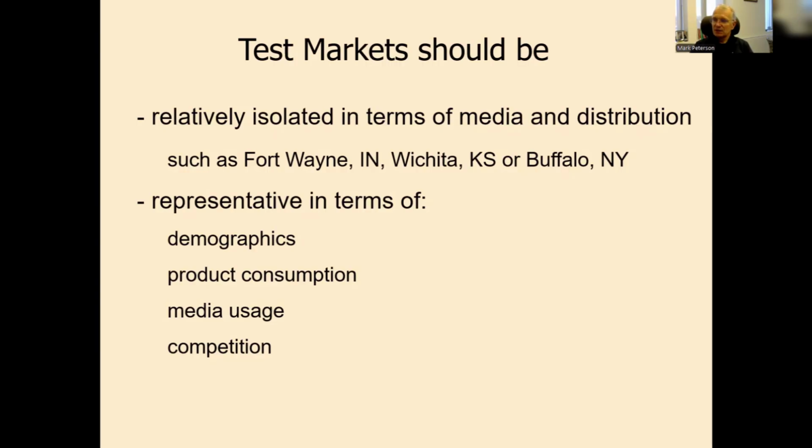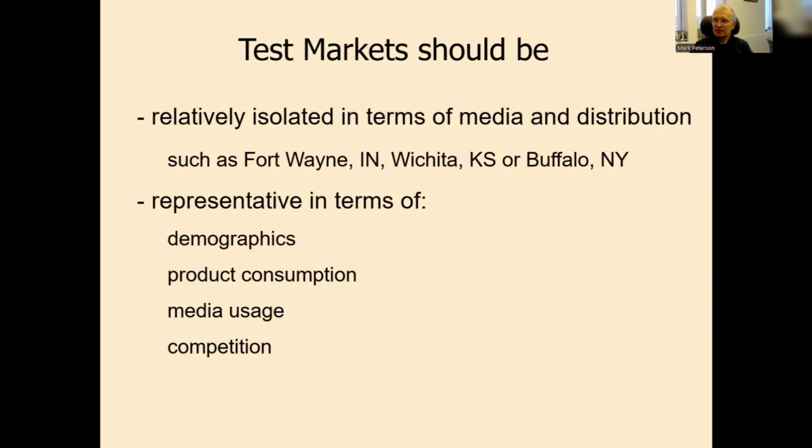Test markets, controlled field experiments, that's what these really are. Places like Fort Wayne, Indiana, that has kind of a captive media market, Wichita, Kansas, Buffalo, New York. So these are favorite places to do a test market. Really, test markets are expensive to do. They delay the rollout of your brand.